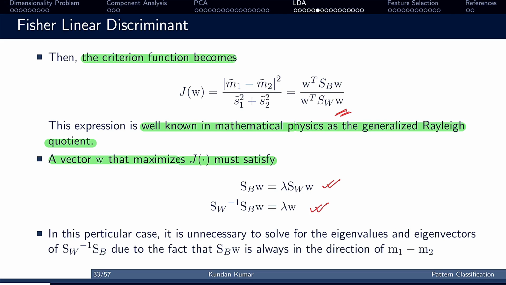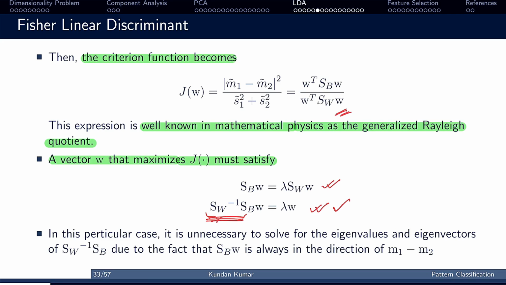If we analyze this equation, we can observe that this is our matrix SW inverse SB, and W is an eigenvector and lambda is the eigenvalue of this matrix.